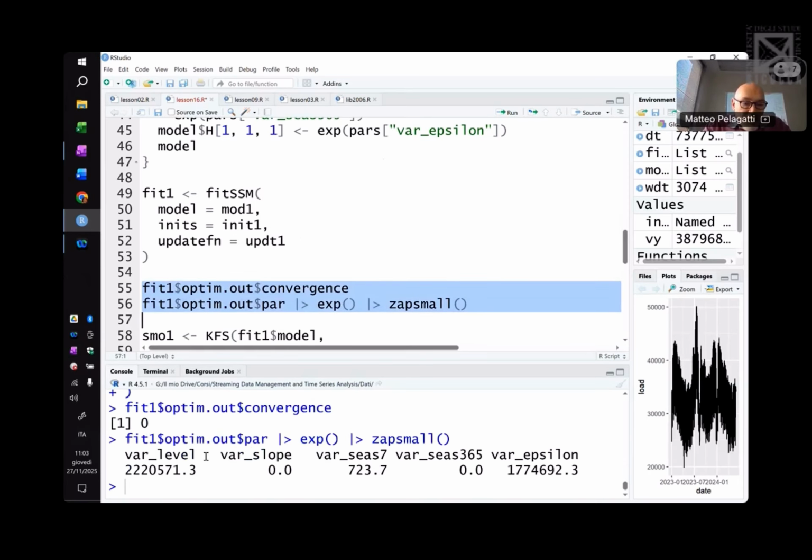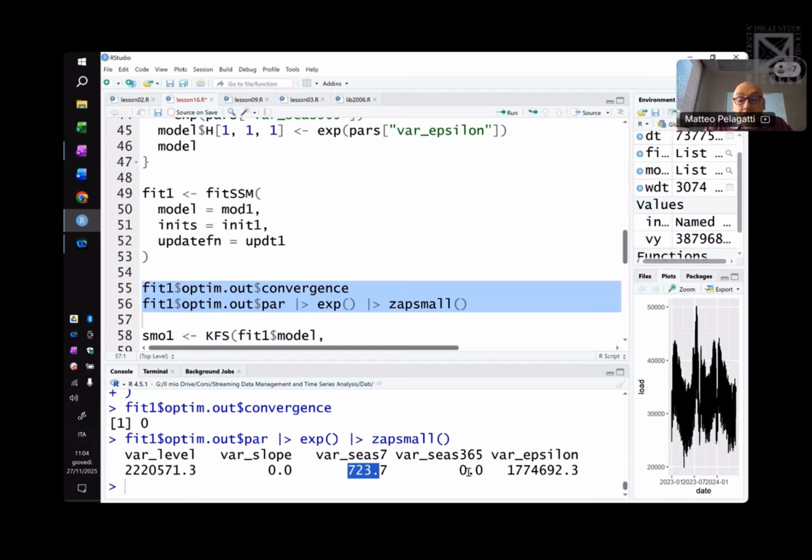So this is basically what we estimated. It's kind of similar to last time. Large variance for what we call the eta disturbance, zero variance for what we call the zeta disturbance. So the slope is not changing. We don't know the value actually of the slope. I don't remember. It was, I think, slightly negative, meaning that the consumption of electricity was slightly decreasing in time. And then we have a small variance of this within-7-days seasonality, which means it evolves, but it evolves very slowly.